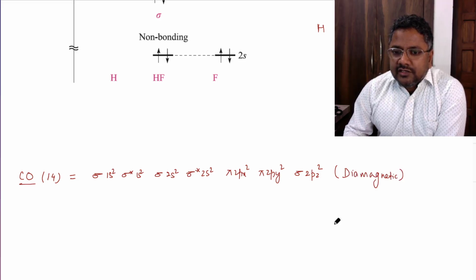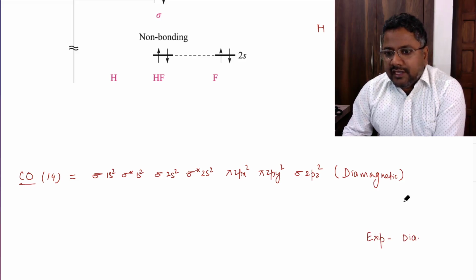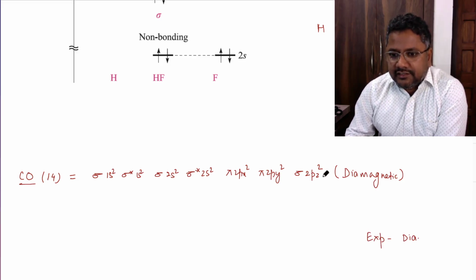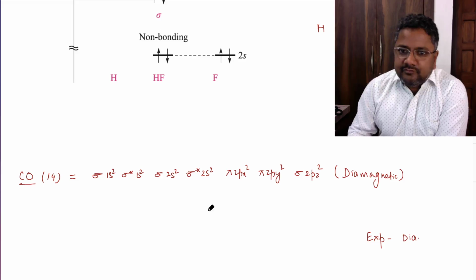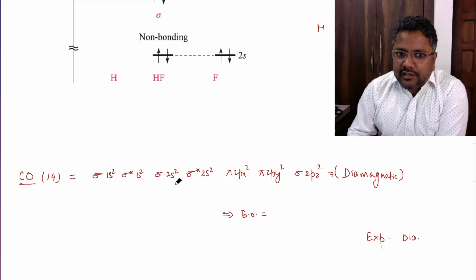Diamagnetic, okay. So experimentally it was found to be diamagnetic. Be happy that this is working. Now come to the next: what is the bond order? Bond order is equal to 1 by 2 (Nb minus Na).